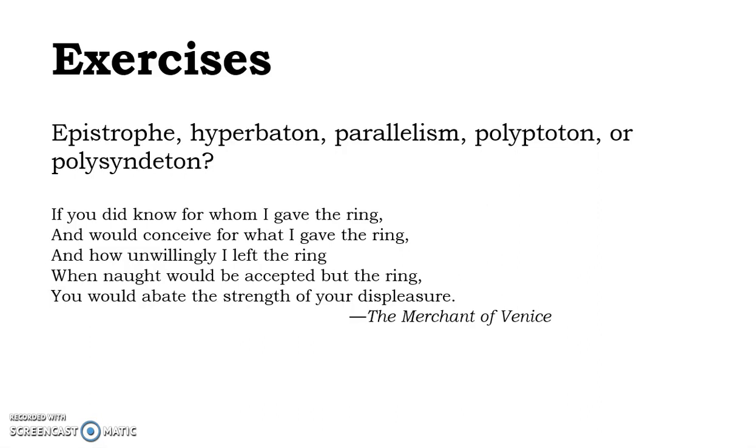If you did know for whom I gave the ring, and would conceive for what I gave the ring, and how unwillingly I left the ring, when naught would be accepted but the ring, you would abate the strength of your displeasure. So notice how, with those first 4 lines, they all end on the ring. What is that figure which has successive clauses ending with the same word or word phrase? That's right, it is epistrophe, the first one we looked at.